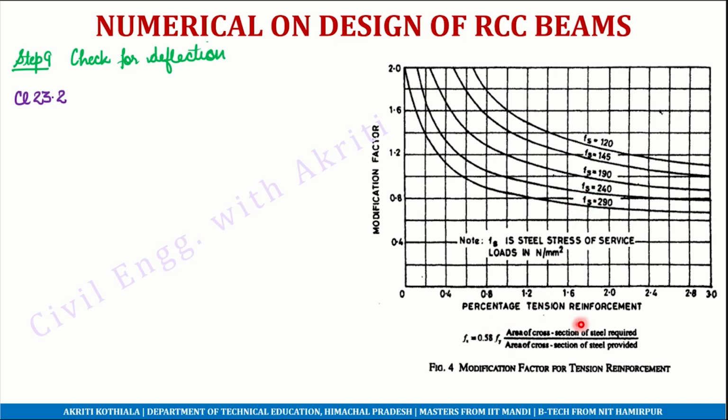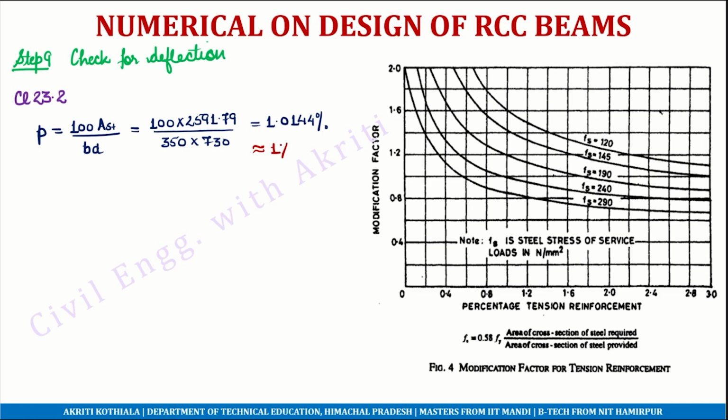First we'll calculate the percentage of tension reinforcement as we calculated in the previous step of shear. So percentage of tension reinforcement is equal to 1.0144%. We can approximate it equal to 1%. So we have the value of P equal to 1%.